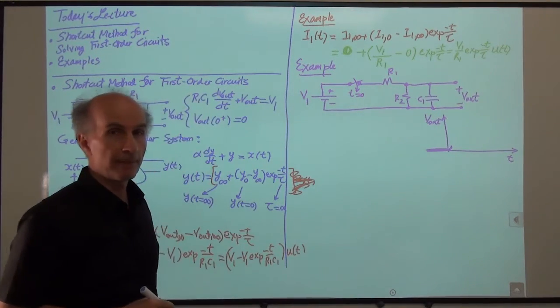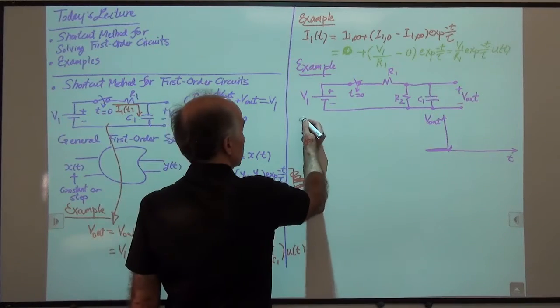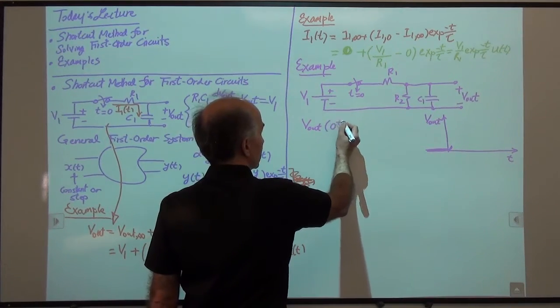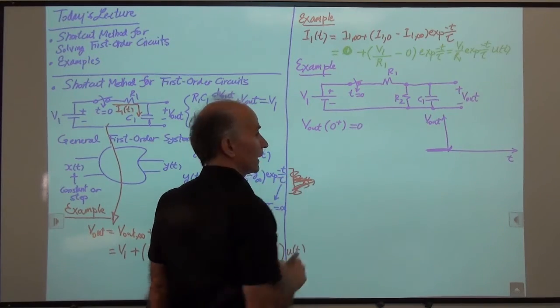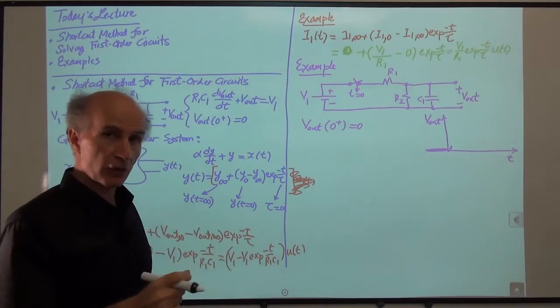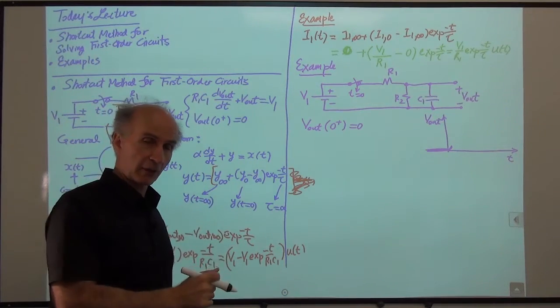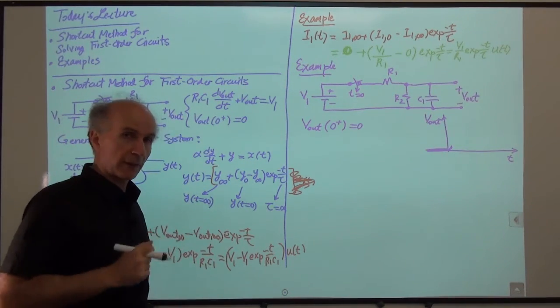So we write V out at time 0 plus is 0. Why? Because the voltage on the cap cannot jump instantaneously. Why? Because we don't have an infinite current available to charge the capacitor.